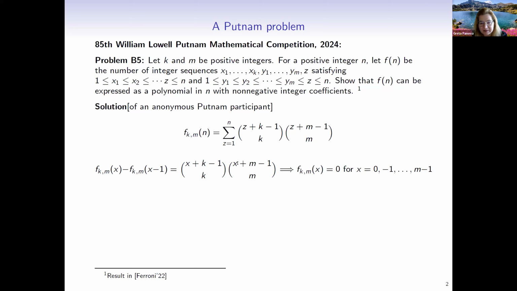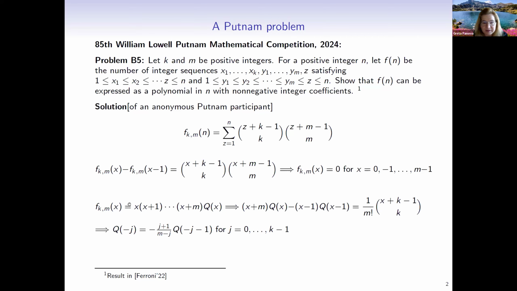And f of 0 itself is going to be 0. So by induction, you get that the value of this function is 0 for all these values. In particular, this is divisible as a polynomial by x plus 1, and so on up to x plus m.